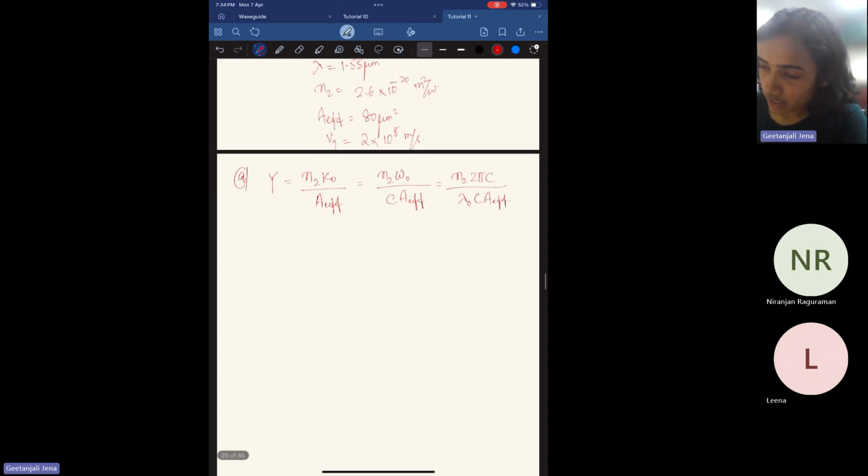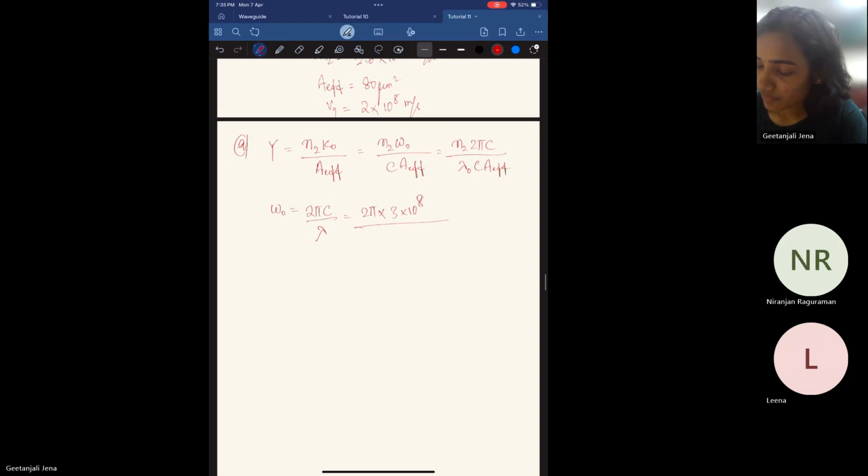So let us calculate omega 0 first. Omega 0 is 2 pi C over lambda, which is 2 pi times C, with C being 3 into 10 to the power 8, over lambda, which is 1.55 micrometer. This gives a value of 1.215 into 10 to the power 15 radian per second. So omega 0 we know.